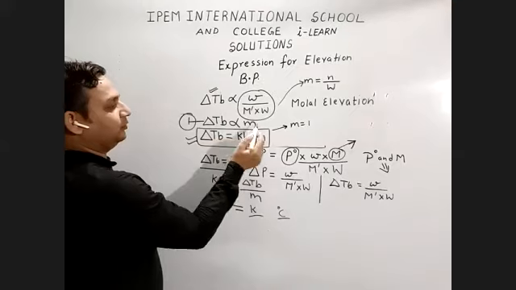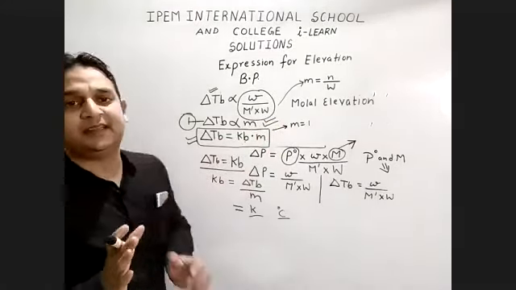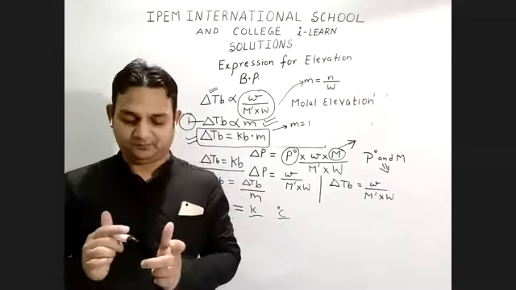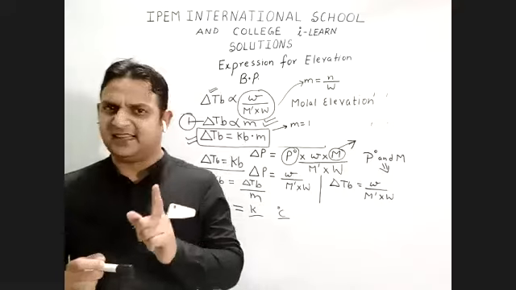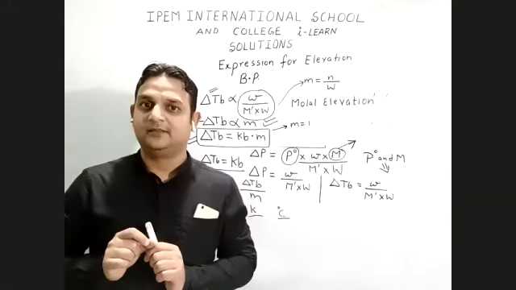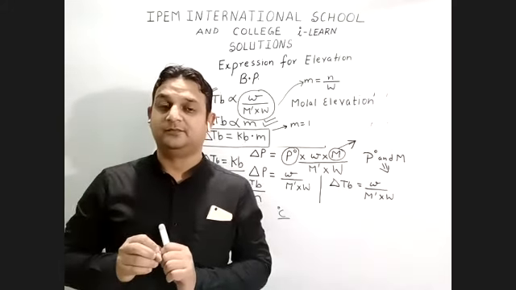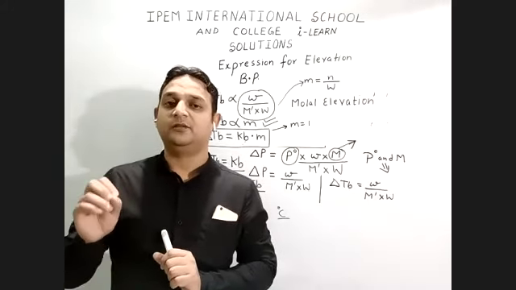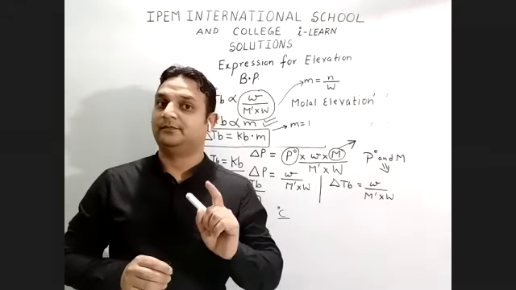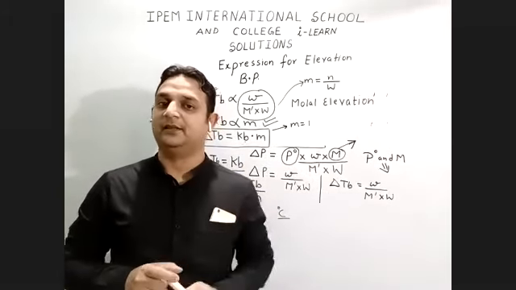Delta TB is directly proportional to molality, which is very important in showing that elevation of boiling point is a colligative property. Just like the relative lowering of vapor pressure, where the mole fraction of the solute was there, which is the number of moles of solute dissolved in the number of moles of solvent. That was the colligative property.